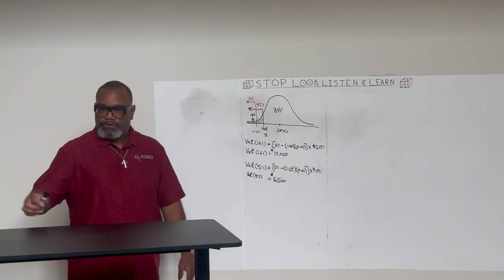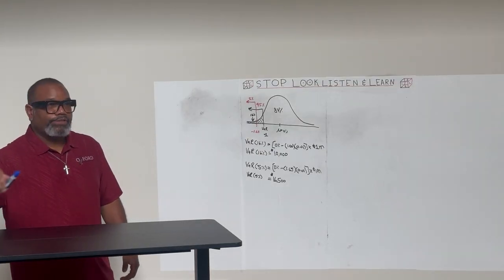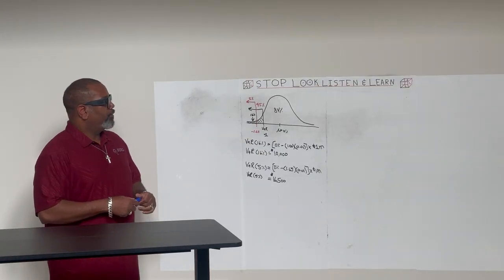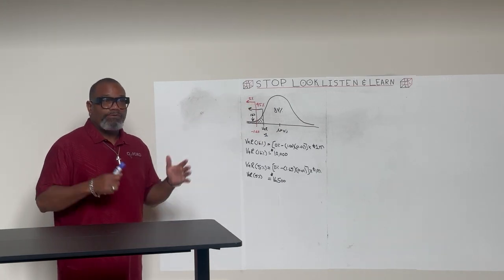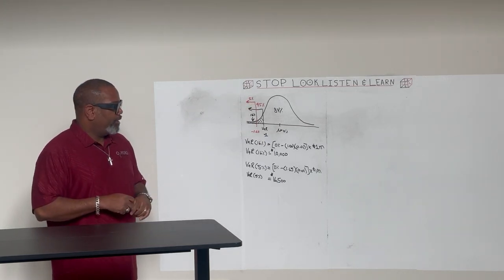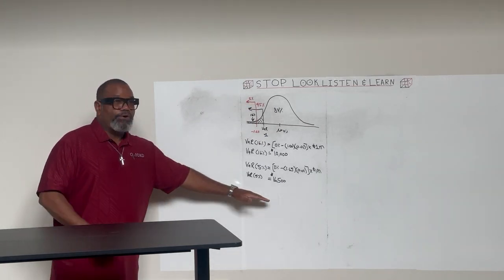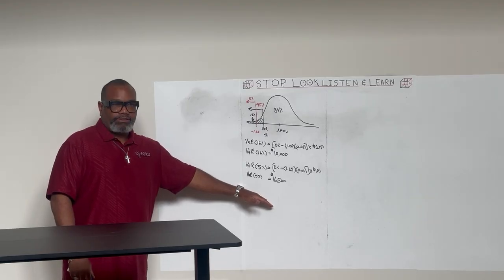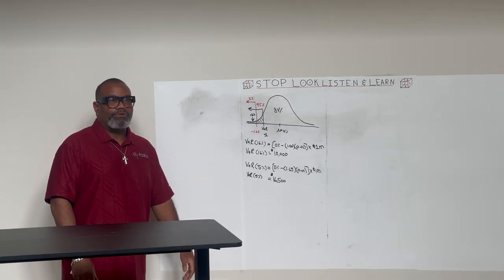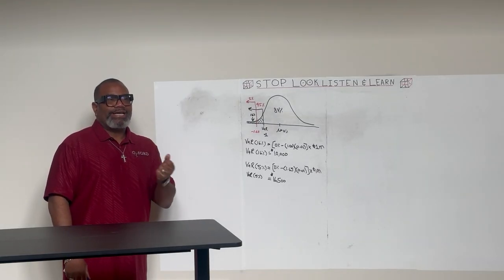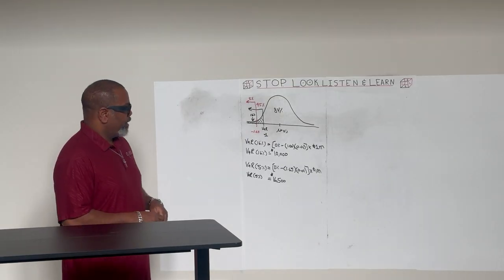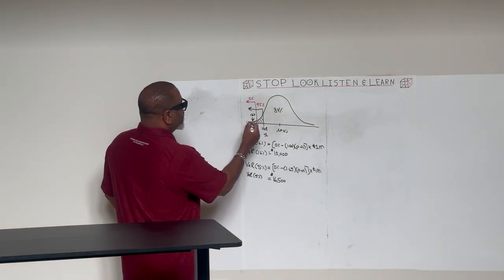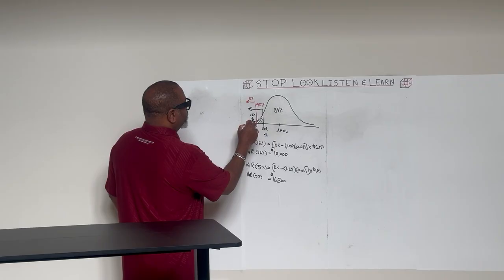So for example, if a manager says, I want to be 99% confident in knowing what the maximum loss that the portfolio will sustain over the next trading day, then the line of demarcation, or VaR, would be here.